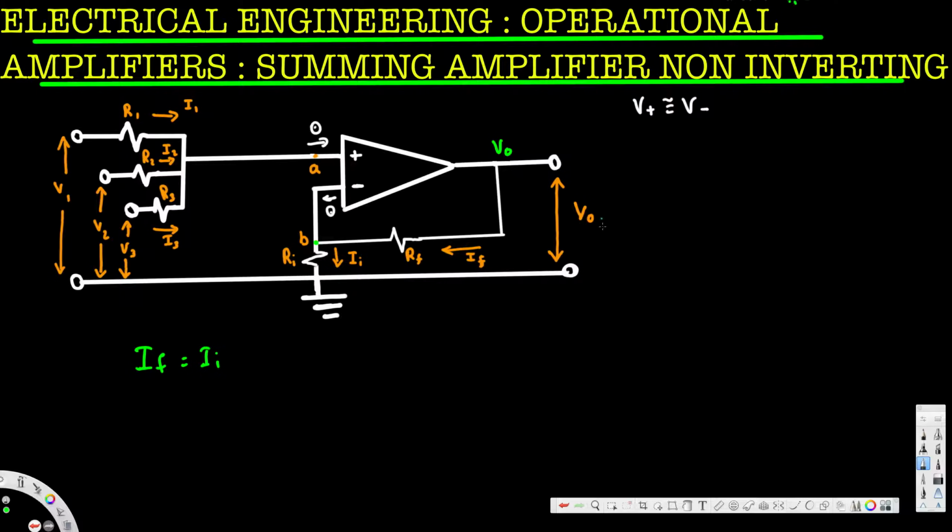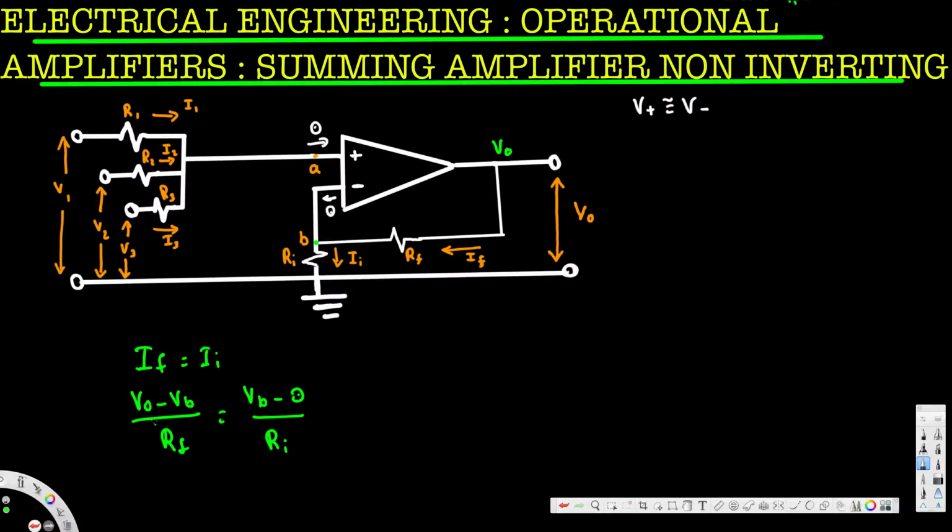Vout, the output, that's the voltage right here. So IF is Vout minus VB divided by the resistance in between, that is RF. That is equivalent to II. II is VB minus 0 because this is connected to the ground, and the resistance in between is RI.